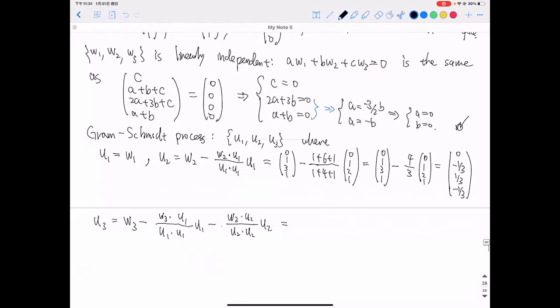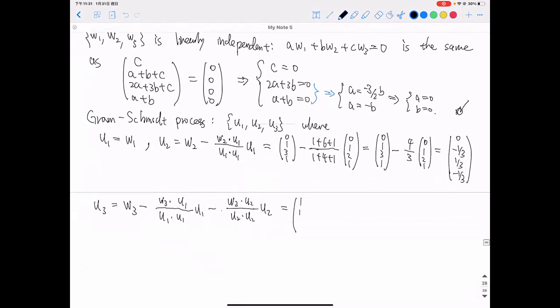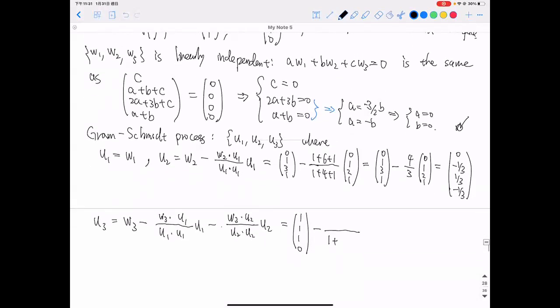W3 is 1, 1, 1, 0 minus, U1 dot U1 is again 1 plus 1 plus 4 plus 1.